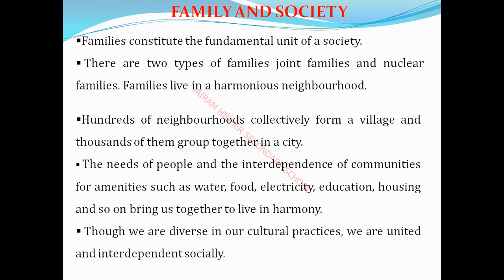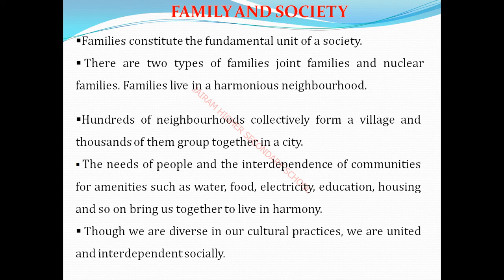For example, to get water facilities, we have to depend on the government sector, that is the water board. For food, we have to depend on the food distribution department. Electricity is taken care of by the electricity board of our state or nation for the entire people of a nation.